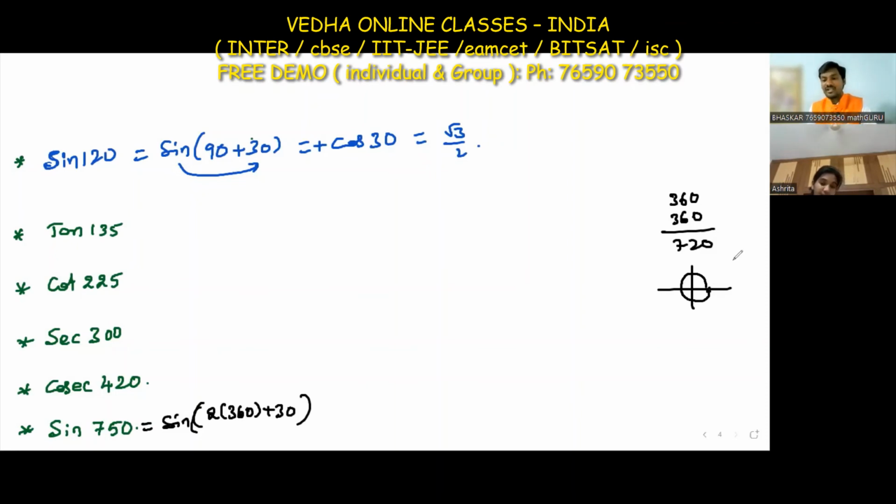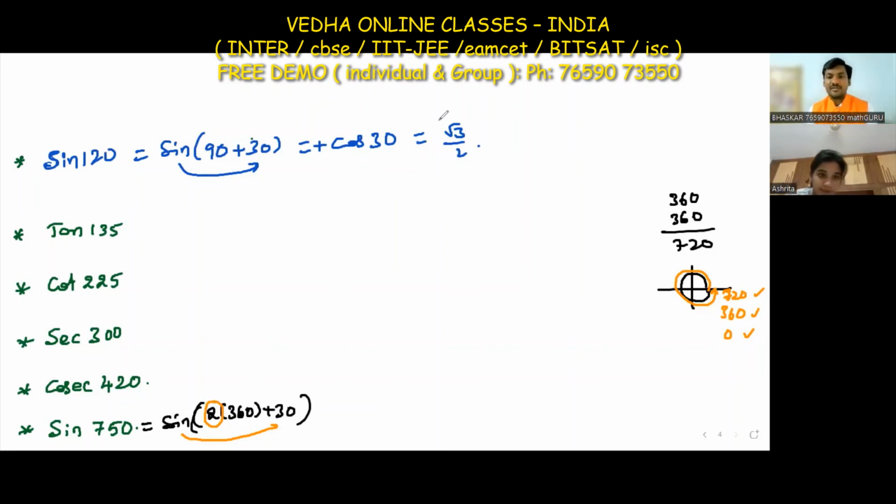So the 720 position is also equal to the 360 position and the 0 position, all are the same. For 360 plus theta, 2 into 360 plus theta, or 3 into 360 plus theta, for any coefficient we take the same.